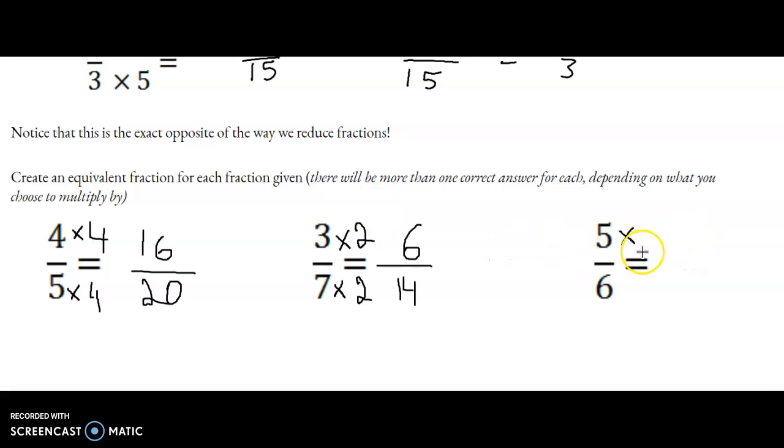We just pick one number and multiply it by both the denominator and the numerator. This way we'll get the equivalent fraction, which in the case of 5/6 is 15/18.